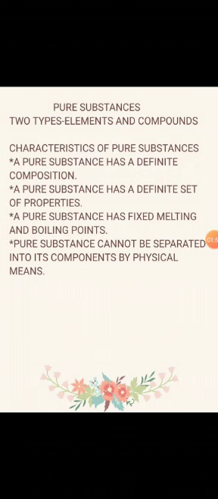Next, a pure substance has a definite set of properties. All atoms of gold or all atoms of iron, or all molecules of water, in which hydrogen and oxygen are present, possess a definite set of properties.